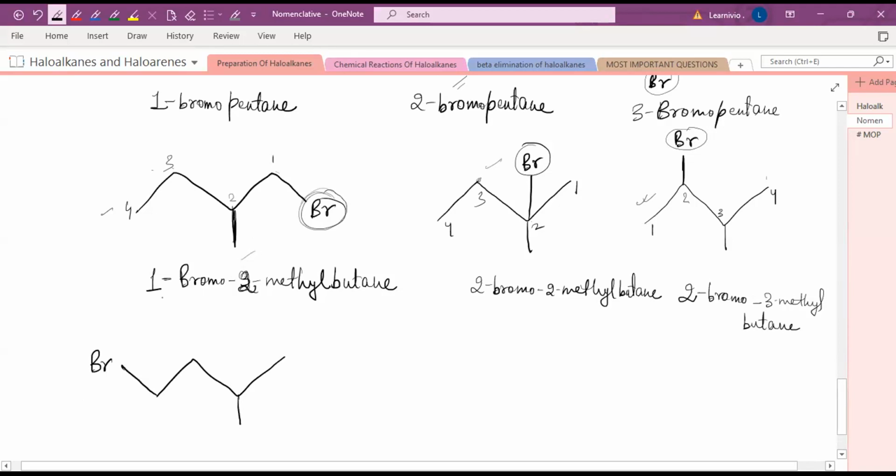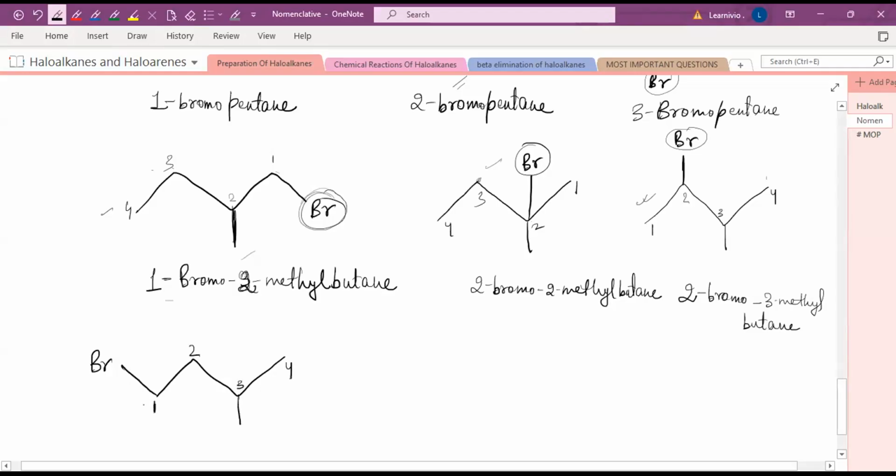These two are not same. It's one bromo, two methyl butane, but this is your 1, 2, 3, 4, and just a second. Yeah, it's correct. 1, 2, 3, 4. Just a second. We will not start numbering from here. So that's a carbon.